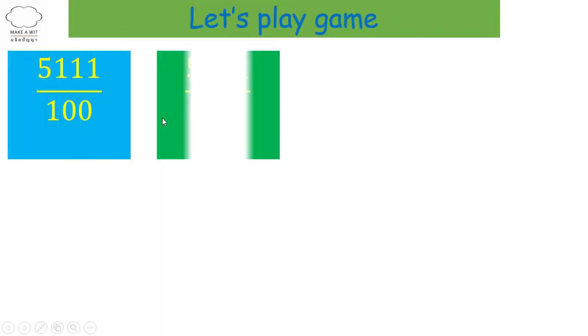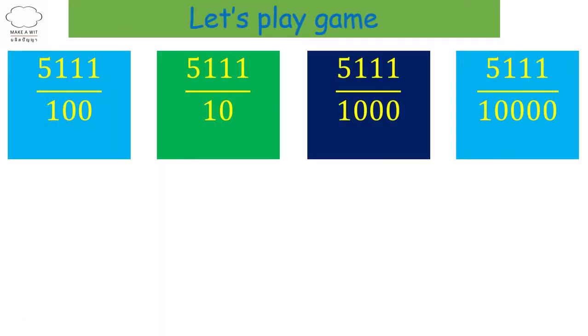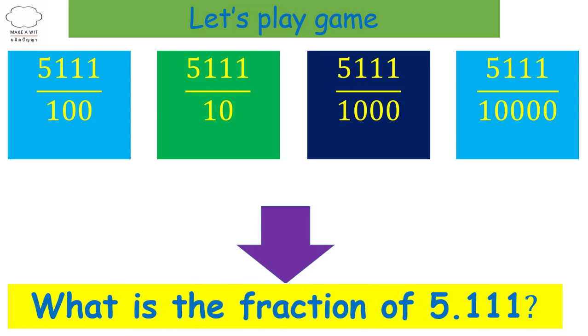And next one. Wow, they're different. The first one, 5111. Okay, the numerator is the same and the denominator is different: 100, 1,000, 10,000 and 10,000. So the question will be, what is the fraction of 5.111? Very easy.